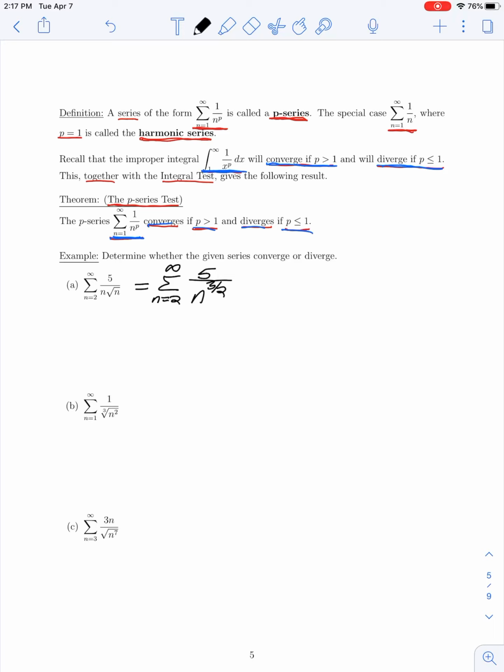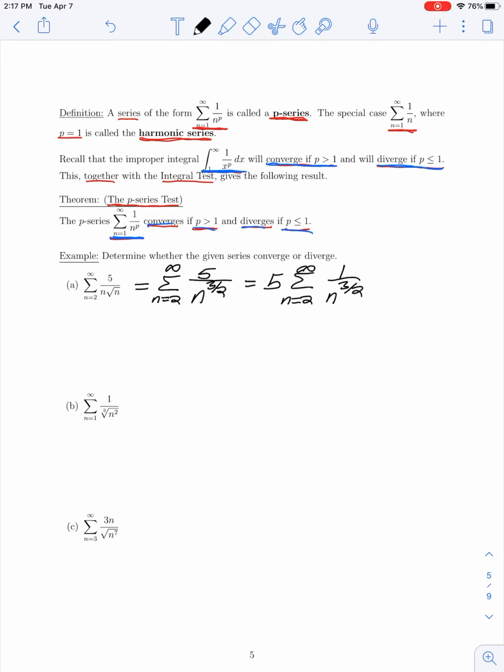And although our numerator isn't the constant 1, any constant in a series we can always pull out in front of our sum. If I factor out a 5 from each term, I would have 5 times the sum of the terms 1 over n to the 3/2 power. So we see that this is now the general form of a p-series, where the power p is equal to 3/2, which is greater than 1. So the p-series test says that this series will converge.